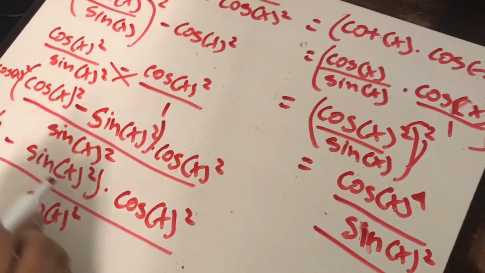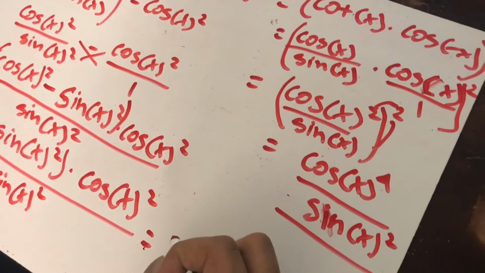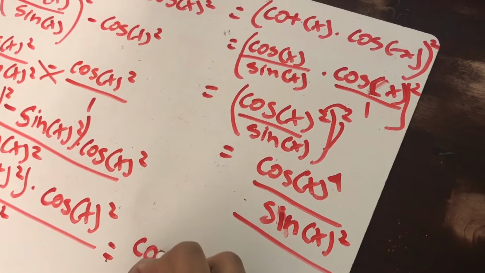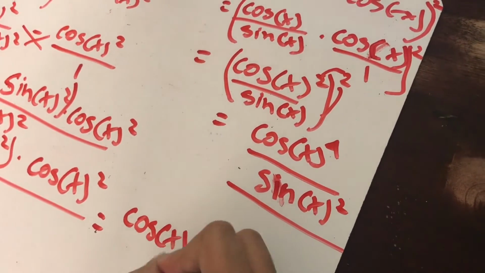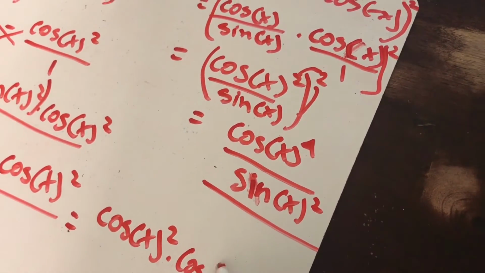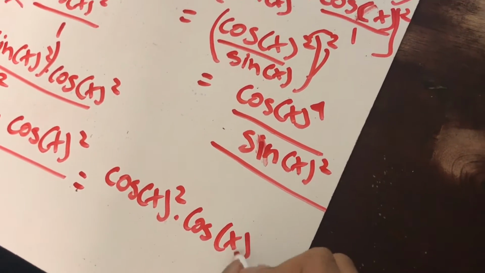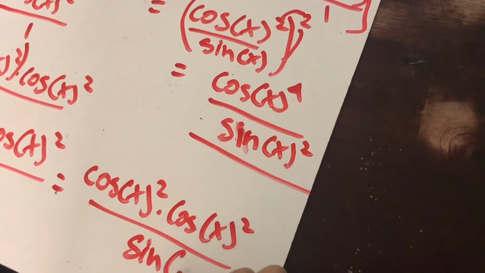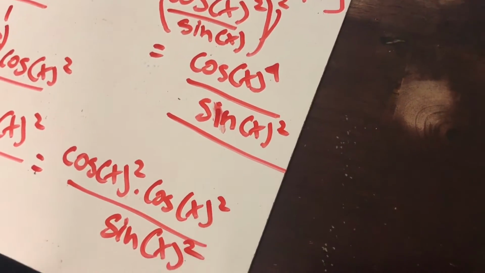So we can turn this into a cosine of x squared because of the trig identity, and then it's going to be cosine of x squared multiplied by cosine of x squared over sine of x squared.